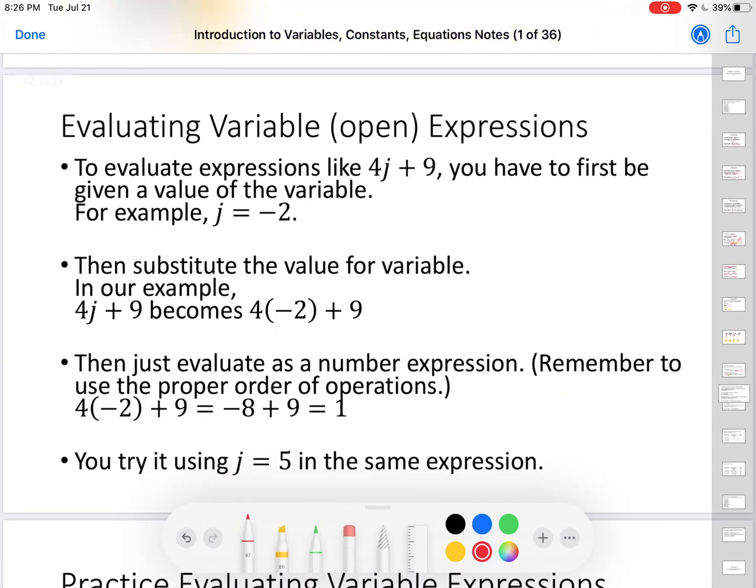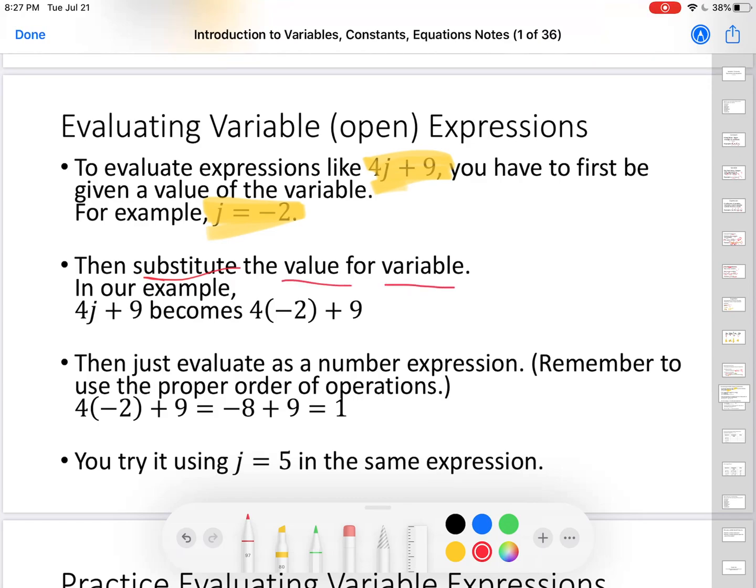So, evaluating open expressions. You can evaluate them if they have a variable expression, as long as you know the value of the variable. So if we evaluate the expression 4j plus 9 for when j equals -2, your first step is to substitute the value for the variable.